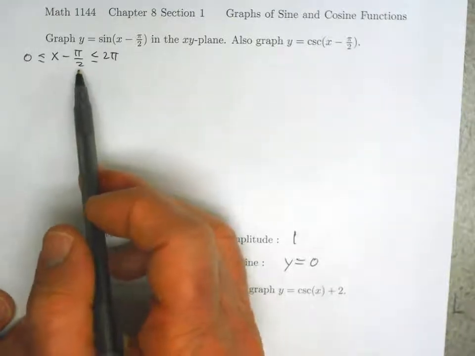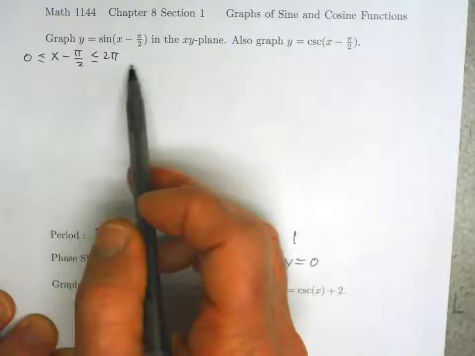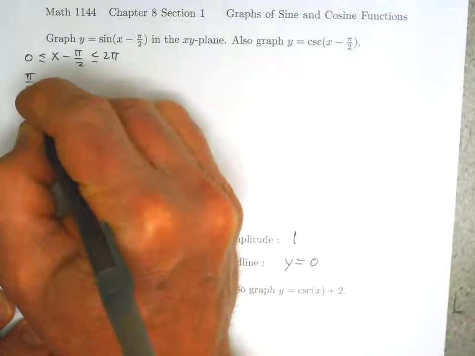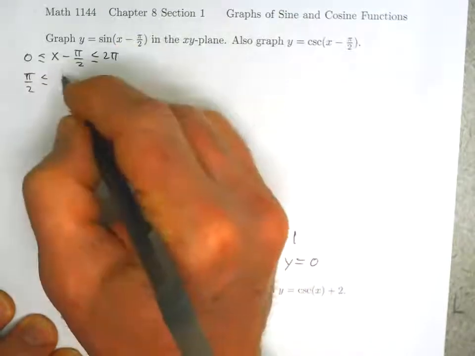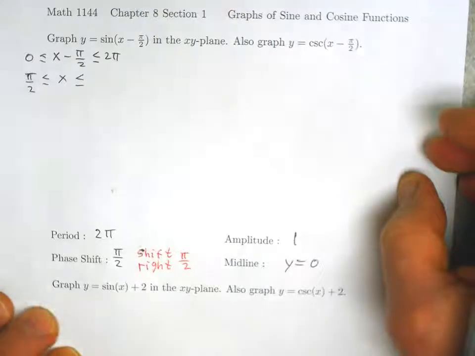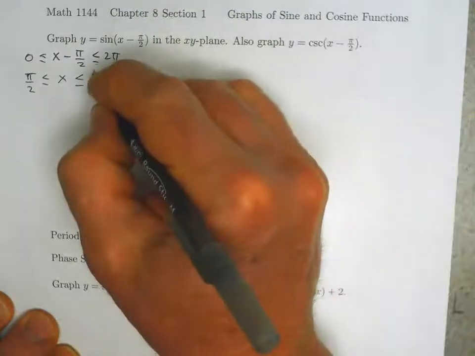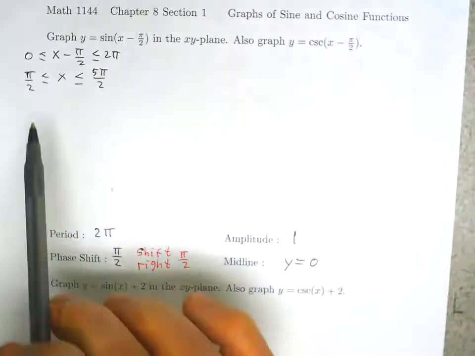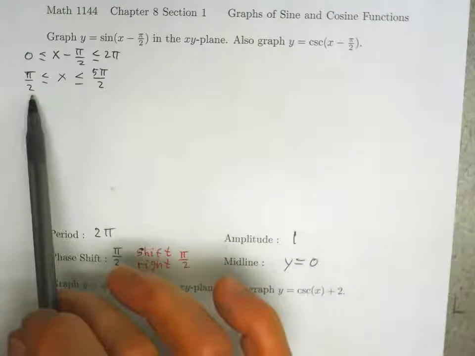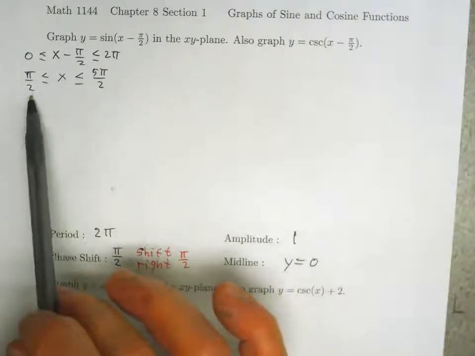So all we have to do is add pi over 2 to all three parts. So 0 plus pi over 2 is pi over 2 less than or equal to x. And then 2 pi plus pi over 2 is 5 pi over 2. The length of this interval is 2 pi because 5 pi over 2 minus pi over 2 is 2 pi. And the phase shift is pi over 2.